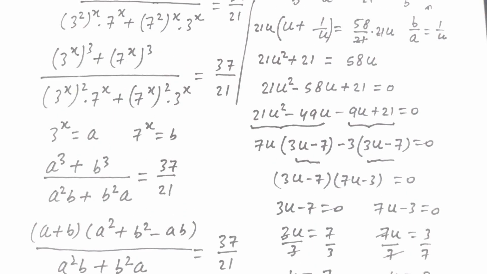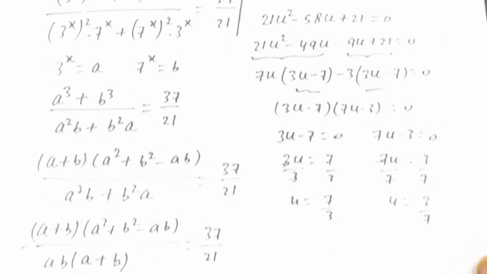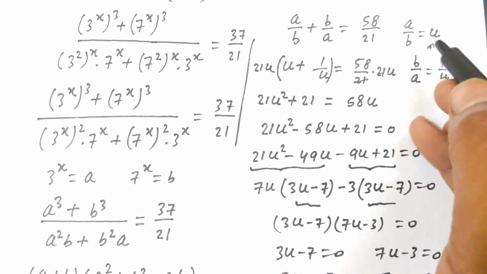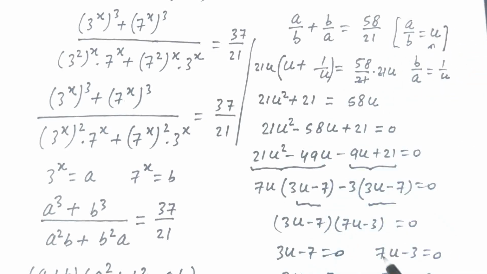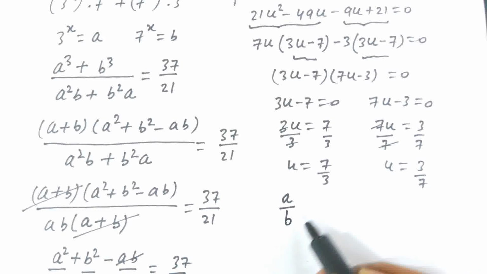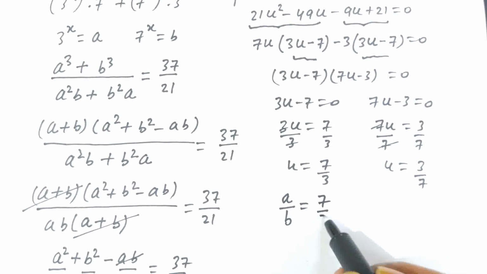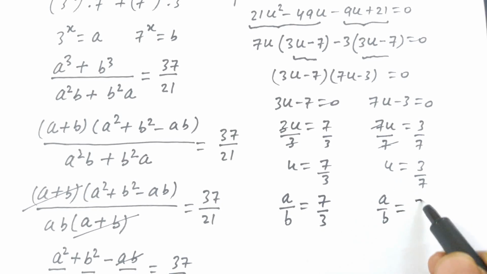Now we know that the value of u is a divided by b. So this u is replaced by a divided by b, this is equal to 7 divided by 3, and here this u is replaced by a divided by b, this is equal to 3 divided by 7.